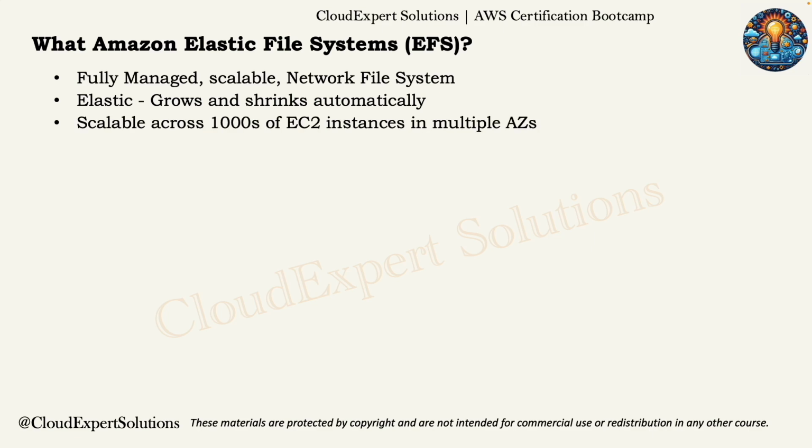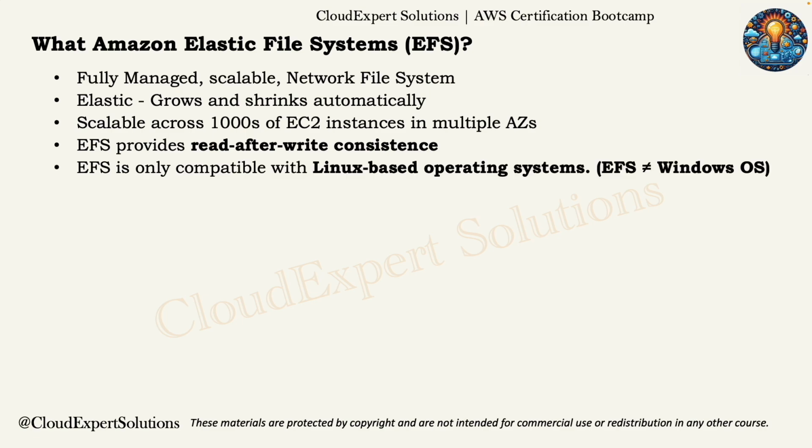You can connect the same EFS across thousands of EC2 instances, and EFS provides read after write consistency. It can only be mounted on Linux-based operating systems, and please remember, EFS is not for Windows operating system. EC2 uses EFS mount target or mount point to connect to EFS.